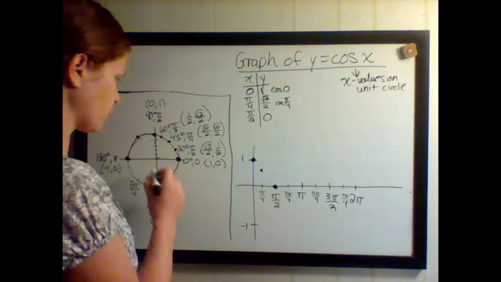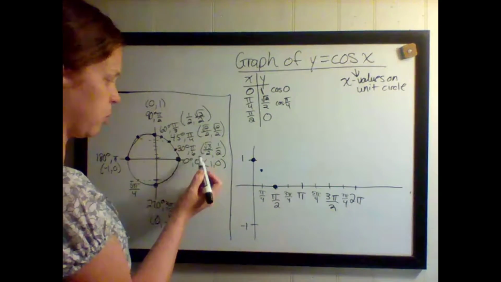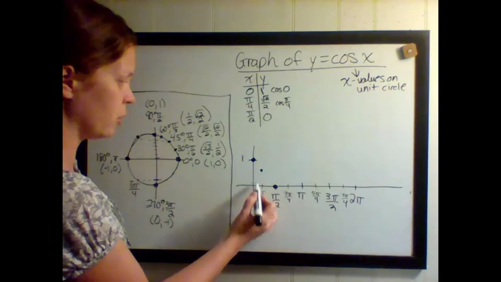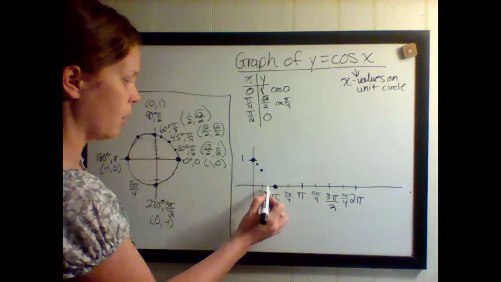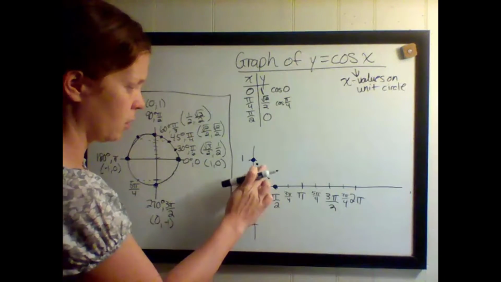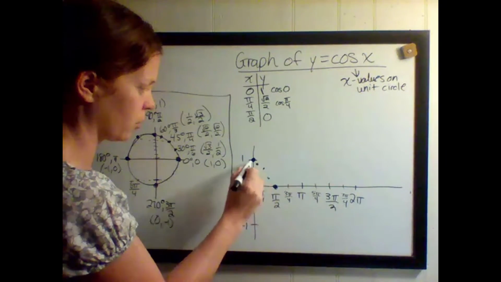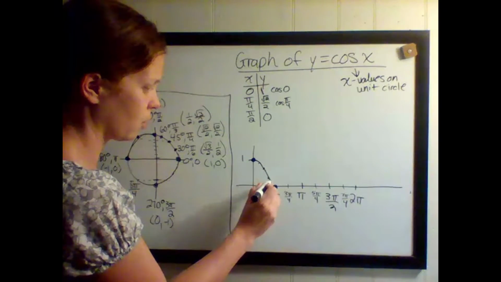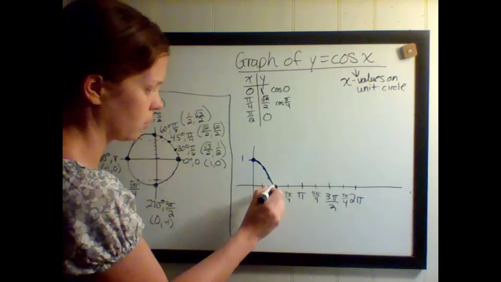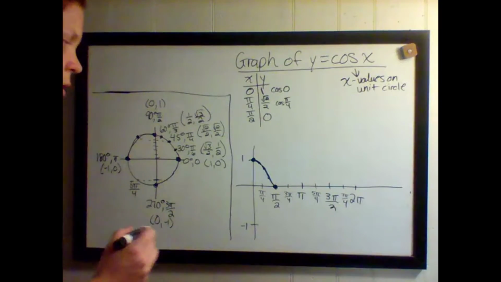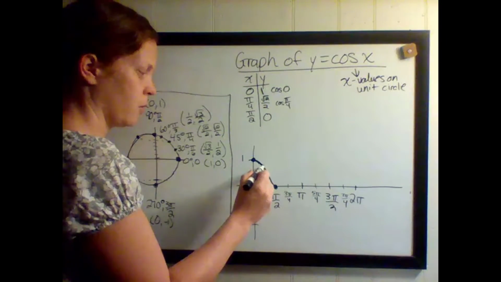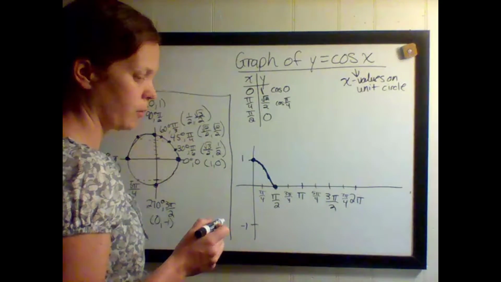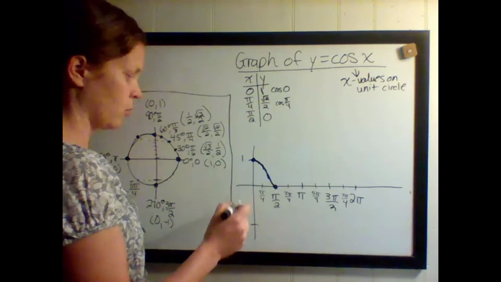Let's just plot in, though I didn't write them in here, the square root of 3 over 2 at 30 degrees, that would have been right here. Half right here. I'm not drawing it too accurately. What it looks like is actually curving like this. It starts off and then decreases a little quicker.